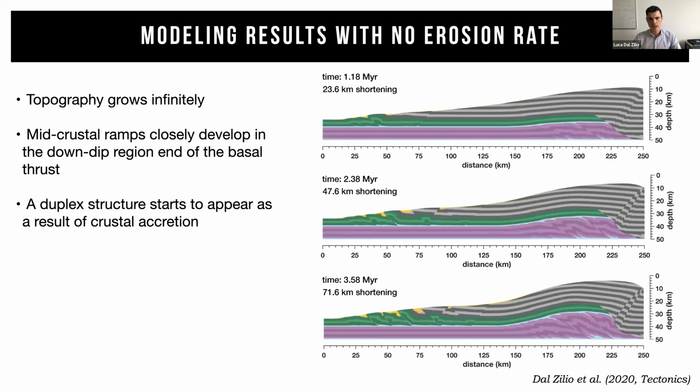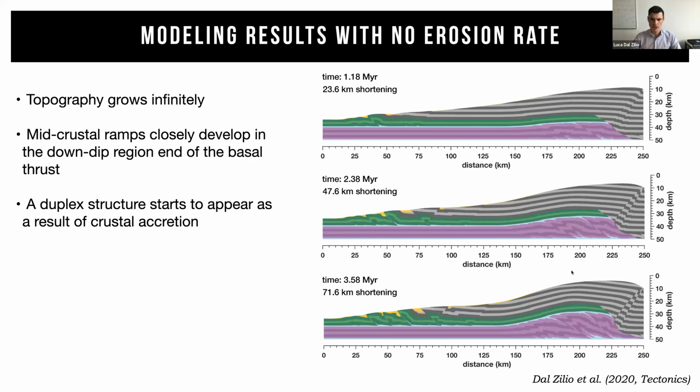Now, when we run some models without any erosion, so we simply turn off the erosion process, you can see that the model shows this initial internal deformation. We start to develop some ramps, but because there is no erosion, the topography grows infinitely.